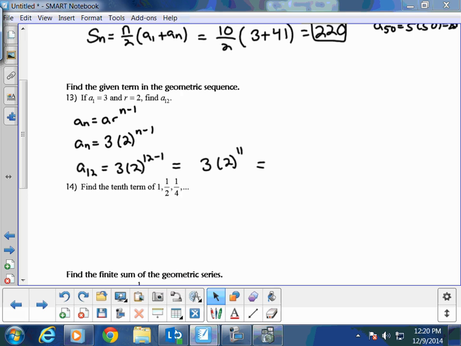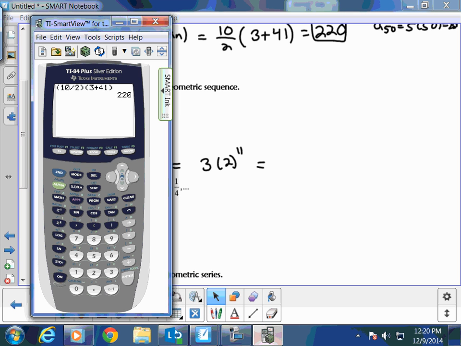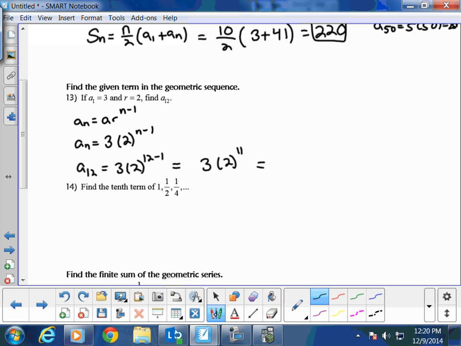To get the solution, let me go ahead and apply that numerical computation to see what it comes out being. So here you go. Let's do that. 3 times 2 raised to the power 11, the computation for the answer for this one is 6,144. That's what the A sub 12 term is going to be on this one.